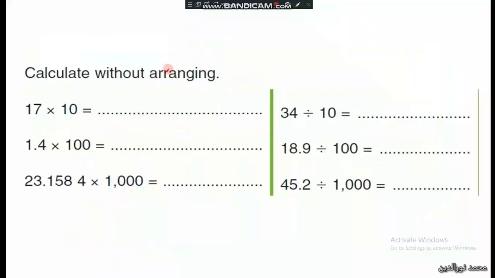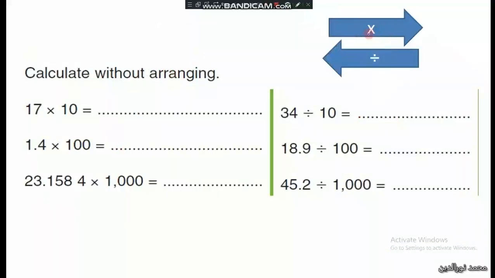So let's do this exercise. We learned that if we multiply, we move the decimal point to the right. If we are dividing, we move the decimal point to the left. Without arranging the numbers on top of each other and multiplying, we have to calculate. In this example we have 17. If there is no point, the decimal point is right here to the right of the 7, so it is 17.0.